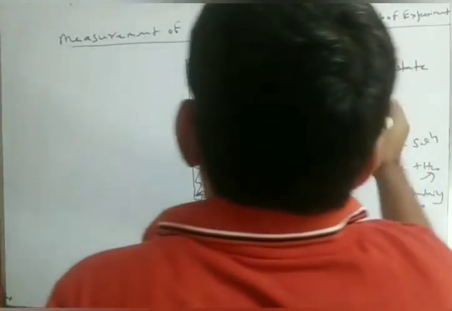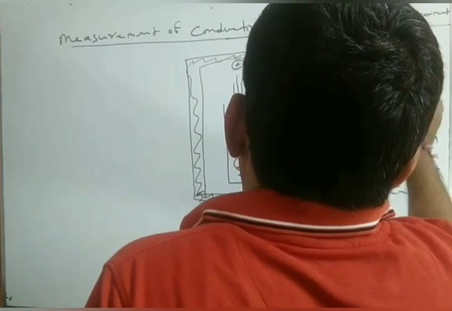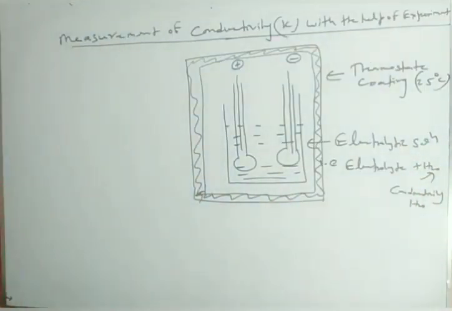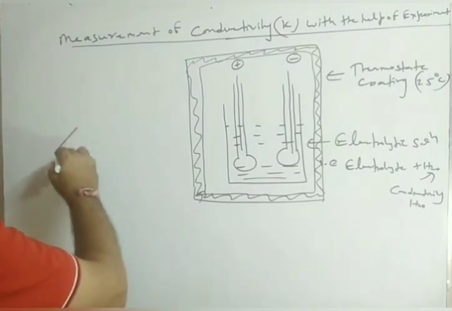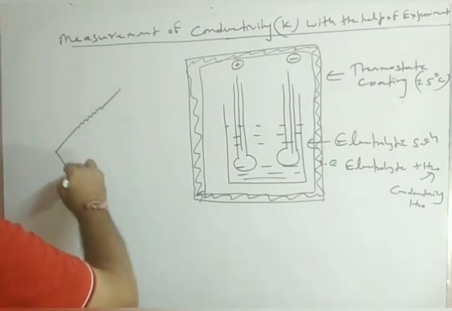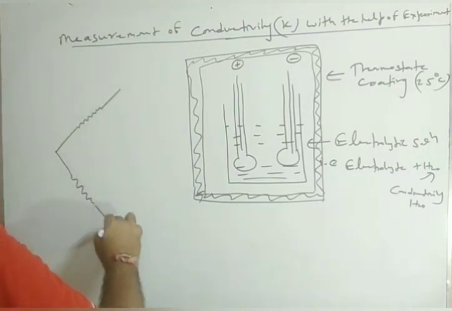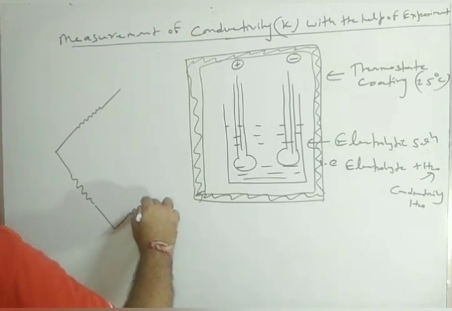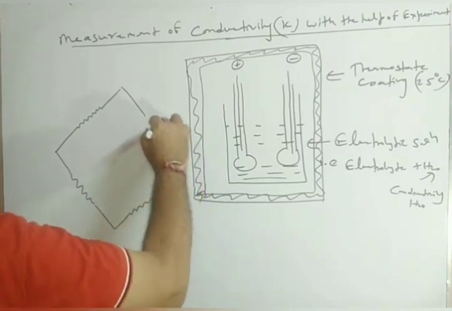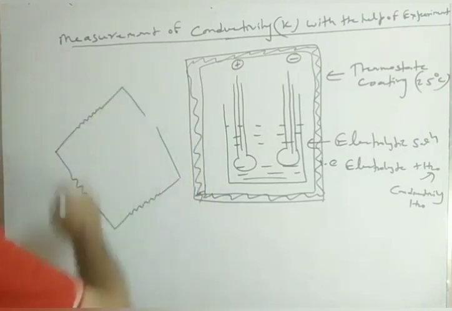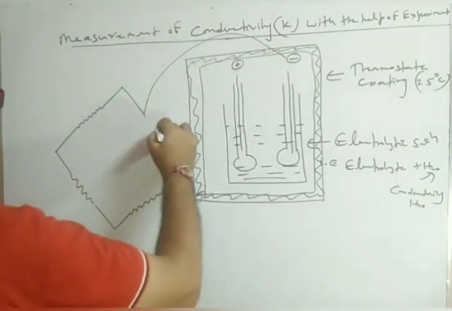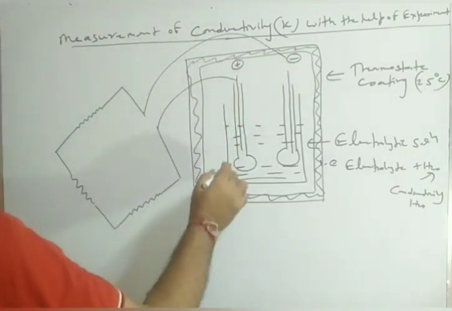Thermostat coating. Temperature is considered to be 25 degrees centigrade. We create a Wheatstone bridge. One terminal is connected to the negative electrode and this one is connected to the positive electrode.